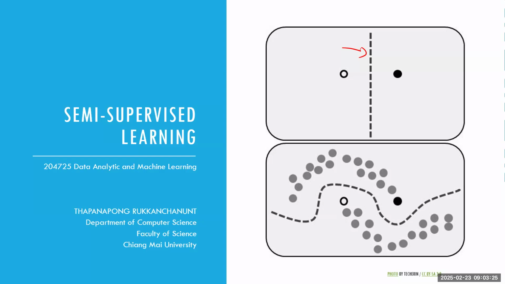But when you have more data, for example this gray data, which does not have a label, so you do not know if it's white or black, having this information, maybe you can have a more generalized classifier to also take advantage of this data point. So today we will learn how to incorporate the gray data points into our small labeled data.